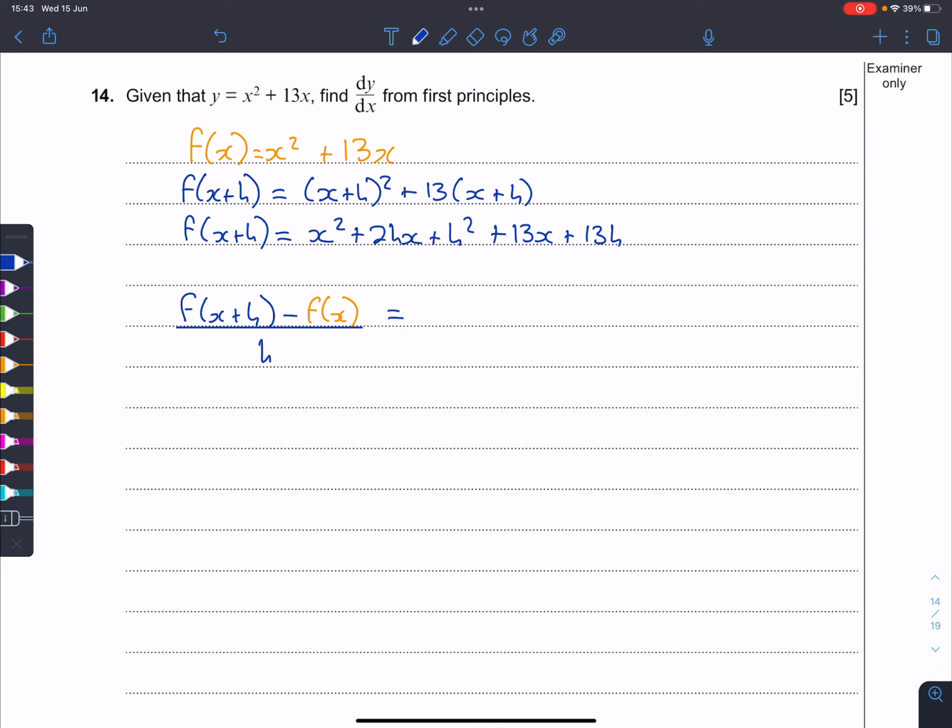So this becomes f of x plus h, which is x squared plus 2hx plus h squared plus 13x plus 13h. And I need to take away all of f of x. So my f of x is x squared plus 13x. And that's all divided by h.